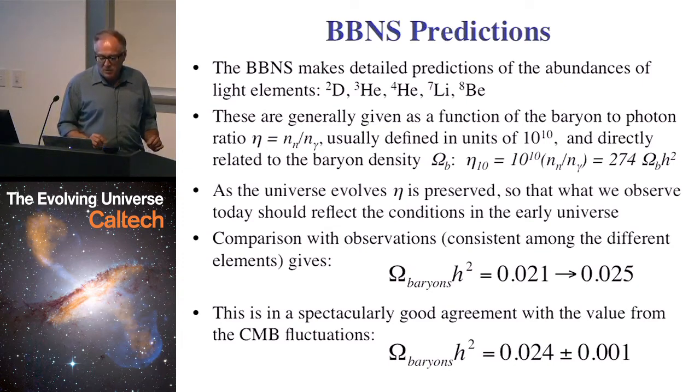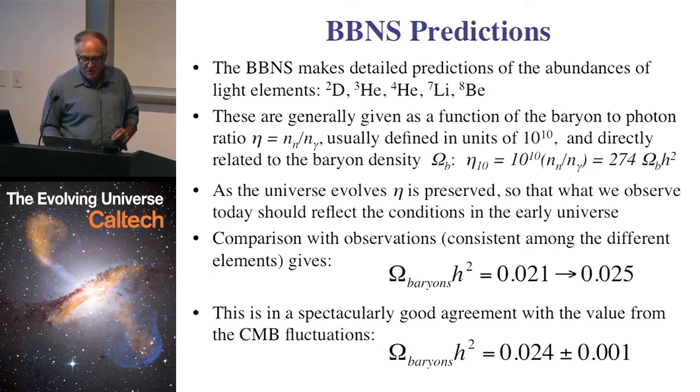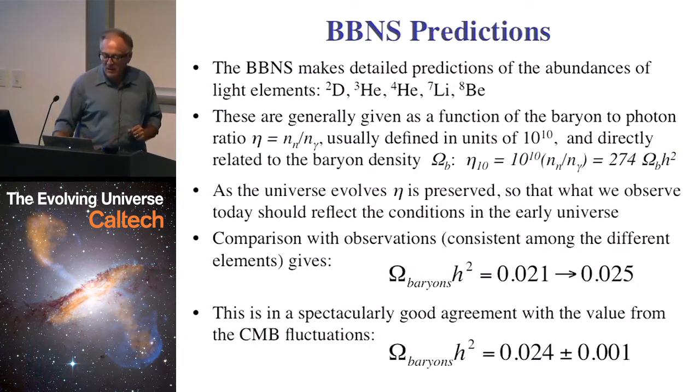So if you can measure the abundances of deuterium, helium-3, helium-4 relative to hydrogen, you can learn something about the density at the time of the recombination, density of baryons, mind you. And the result is shown here. So for a value of the Hubble constant of about 70, which is 0.7 here, it will be about 4.5%.